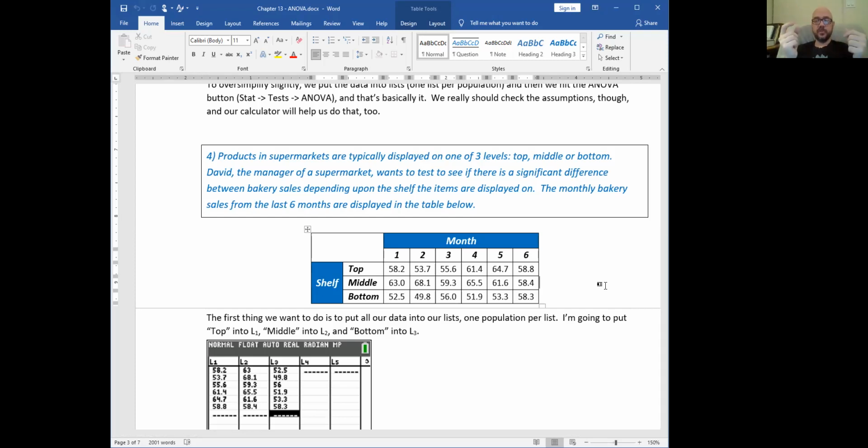So if the numerator has significantly greater variance than the denominator, it means that we think the population means are noticeably different from each other, and they are more different than you would expect based on the variance that we see in the denominator. That's the idea of ANOVA.